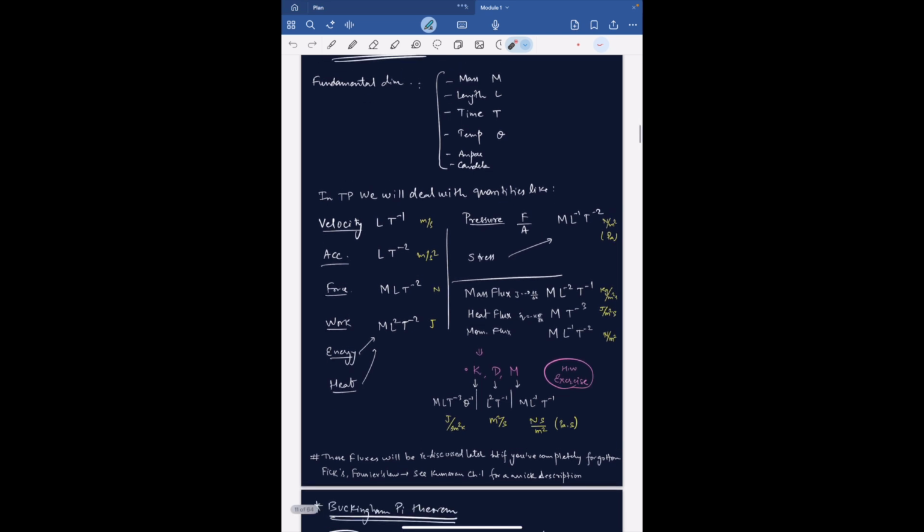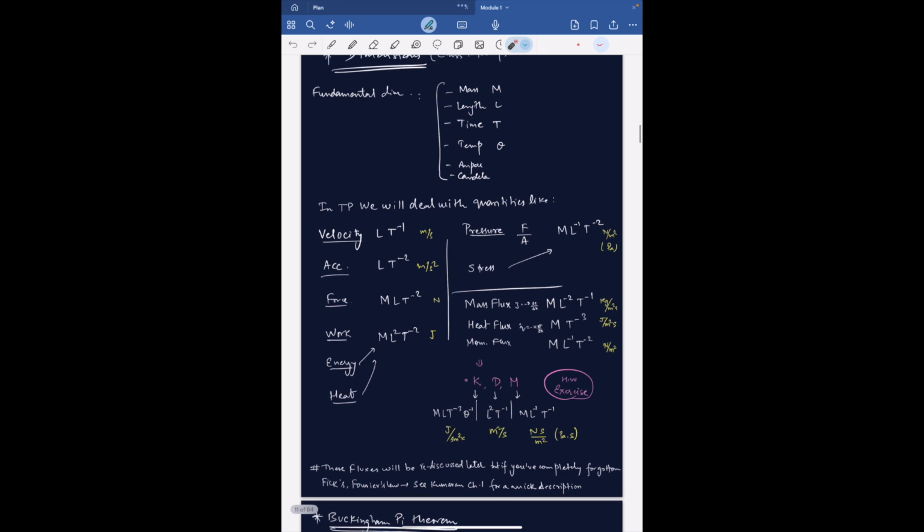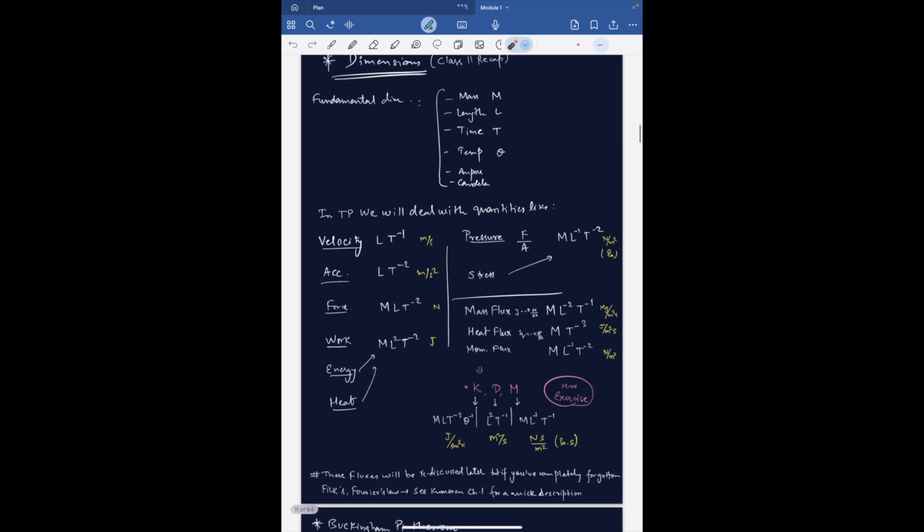You could also write down the units for mass flux, heat flux, and momentum flux. I'm assuming that from your undergraduate you know Fick's, Fourier's, and Newton's law of viscosity, and you only need to know it on a surface level as a proportionality to get the units of mass flux, heat flux, and momentum flux.